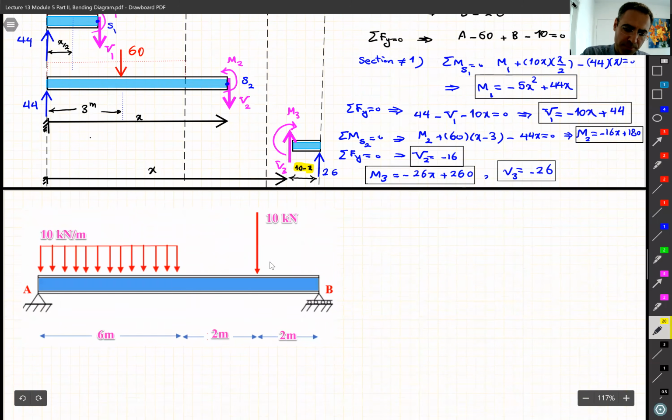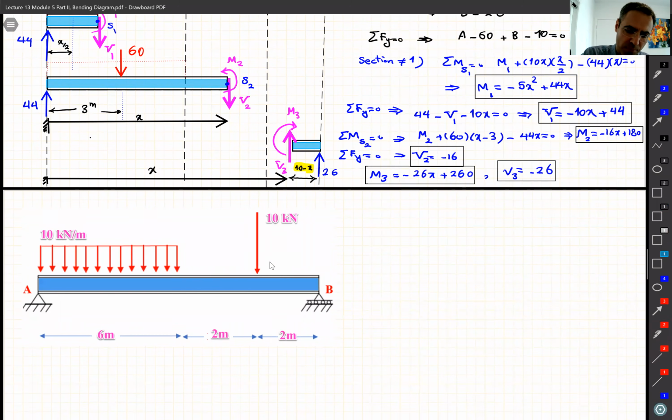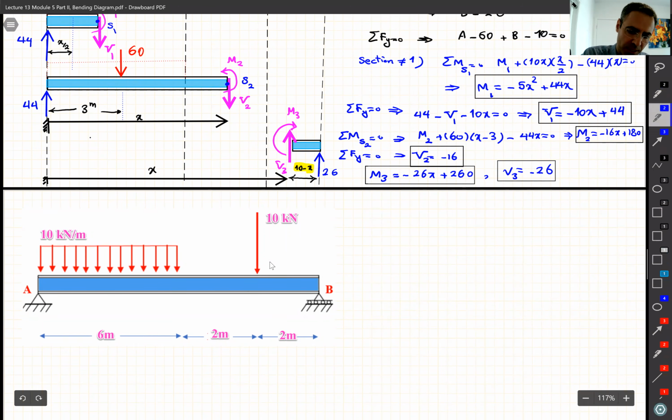So let's draw the diagram for this one. Because I'm going to the next page, let me write down my equations one more time. V1 was minus 10x plus 44, V2 minus 16, and V3 minus 26. This is the V, guys.